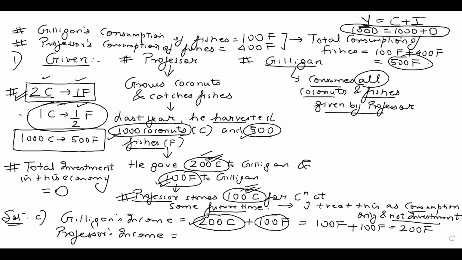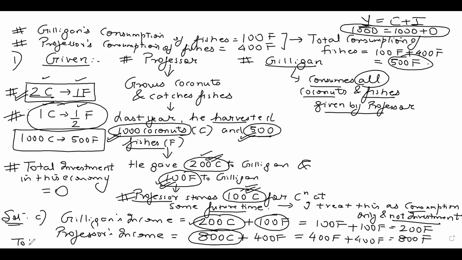After giving 200 coconuts to Gilligan, the professor is left with 800 coconuts. And after giving 100 fishes, he is left with 400 fishes. Now 800 coconuts in terms of fishes are 400 fishes, because one coconut is half a fish, plus 400 fishes. This makes it 800 fishes.